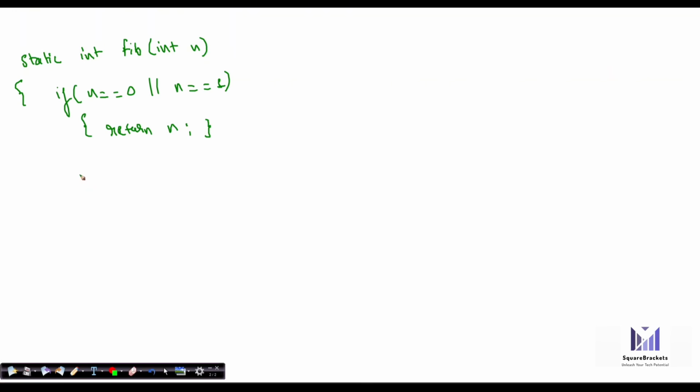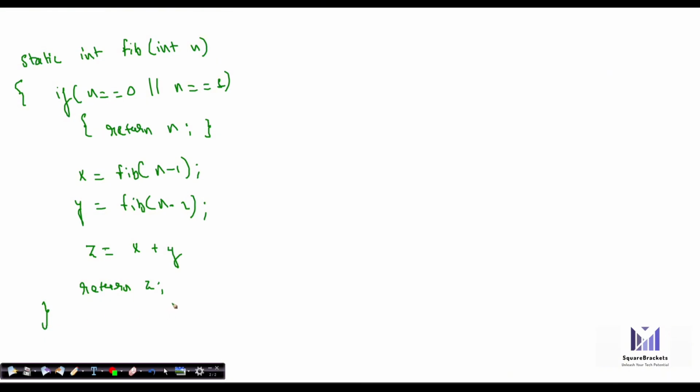Otherwise, we take a variable x and call this function with n minus 1, then call this function again with n minus 2, and then we have a variable z that is x plus y, and we return z. So this is the simple implementation of the Fibonacci series.